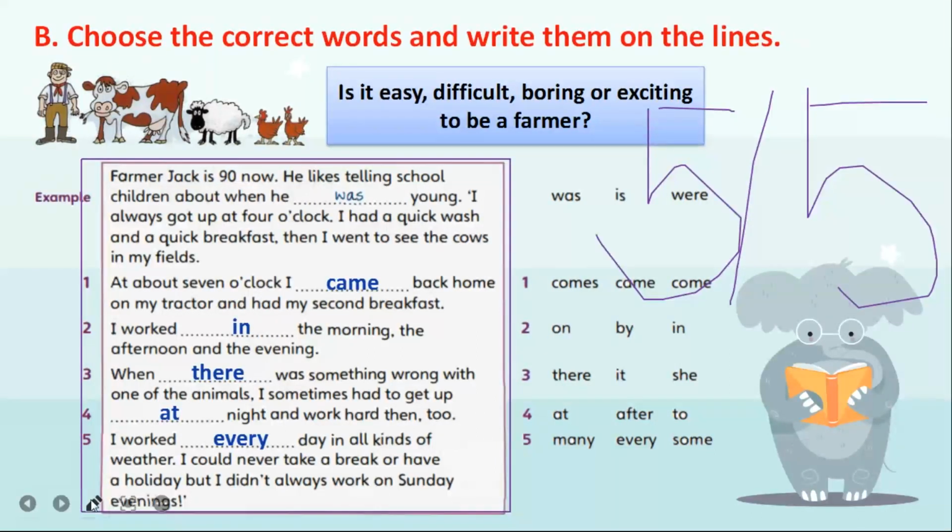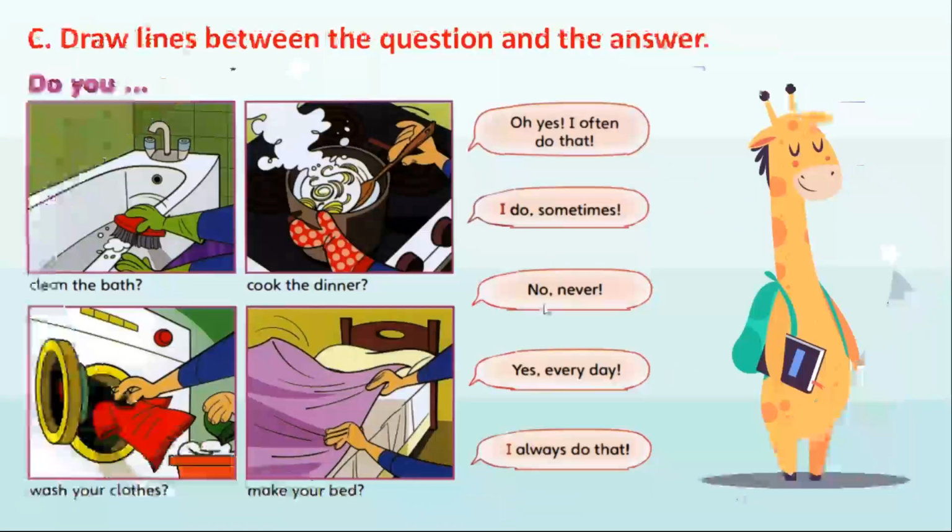Wow, very good, Kim. So now you really know when to use time expression. So you got 5 out of 5 here. So here, Kim, I want you to draw line between the question and the answer. So I want you to just tell the question and you say the answer too.